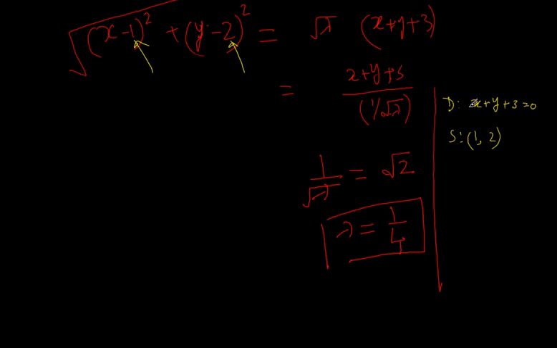Okay, then find out the equation of the line perpendicular to the directrix D, the line perpendicular to D, passing through (1, 2).